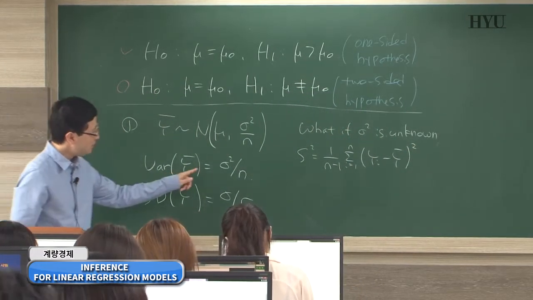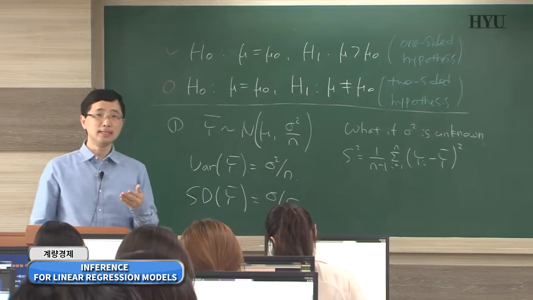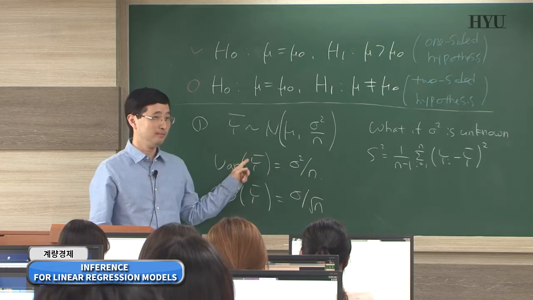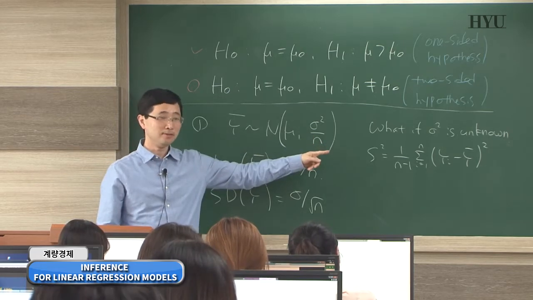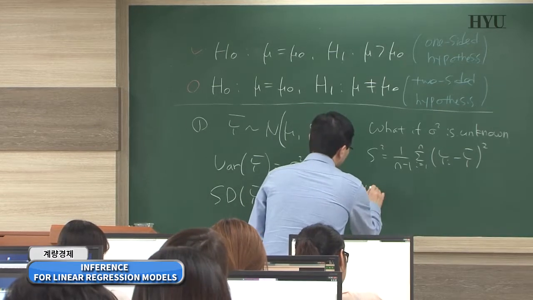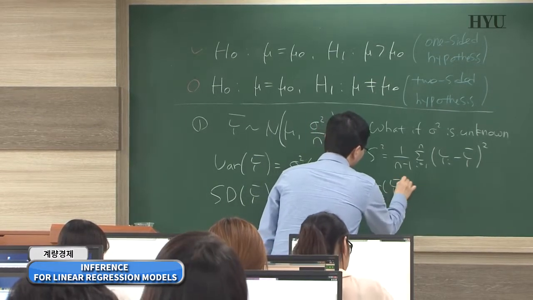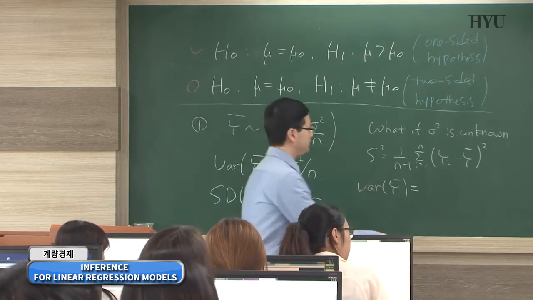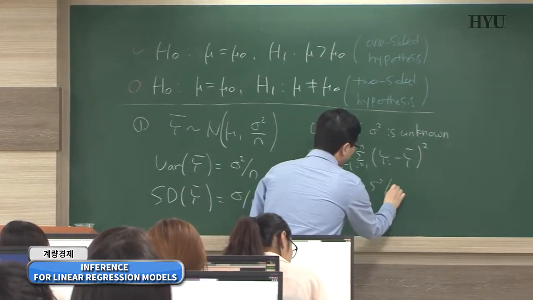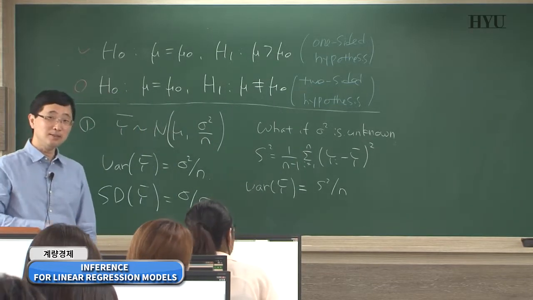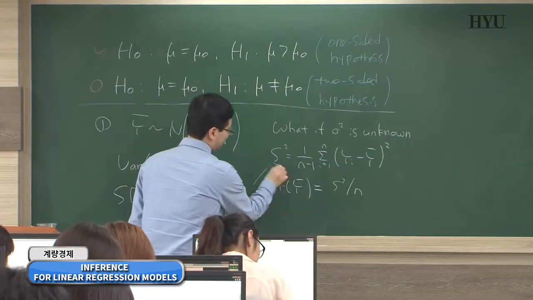So when the sigma squared is unknown, at least we can estimate the variance of y bar by using s squared in place of sigma squared. So kind of looks weird, but let me write it in this way. Now variance of y bar is unknown, but we can still calculate something close. Because this is something we calculate using the sample information, I put hat.